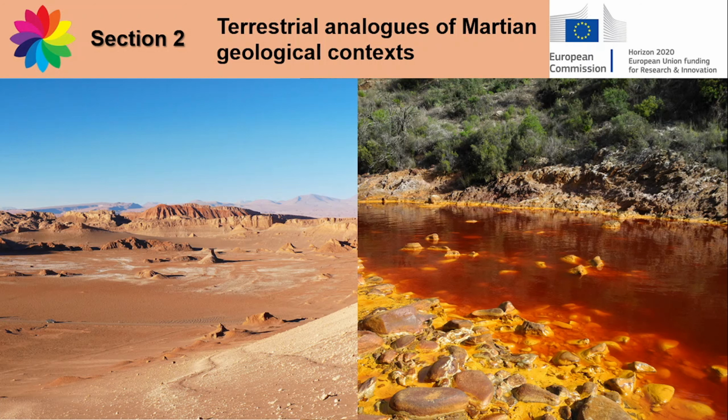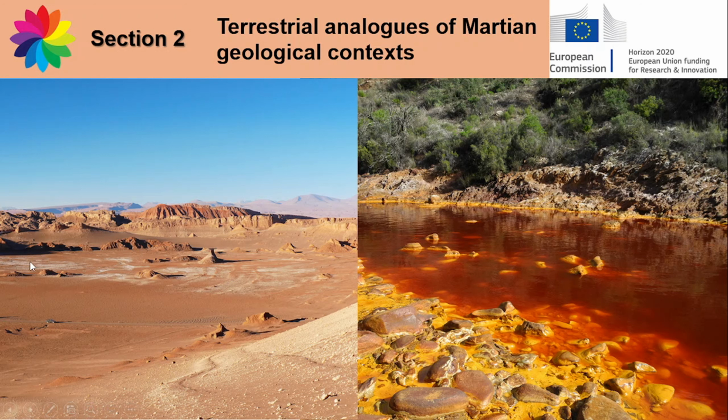So, in a few words, terrestrial analogs are locations on Earth which have characteristics that are quite similar to what we're expecting on Mars. So, on one side, as you can see on the left image, we have locations on Earth that have environmental conditions that are similar to Mars.